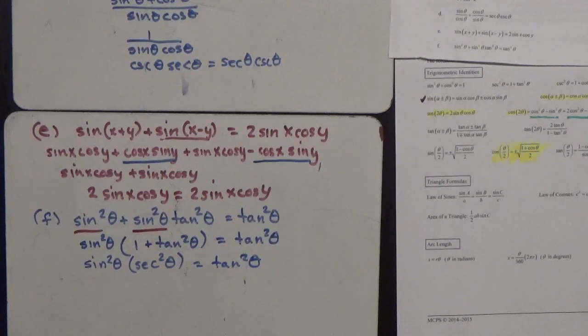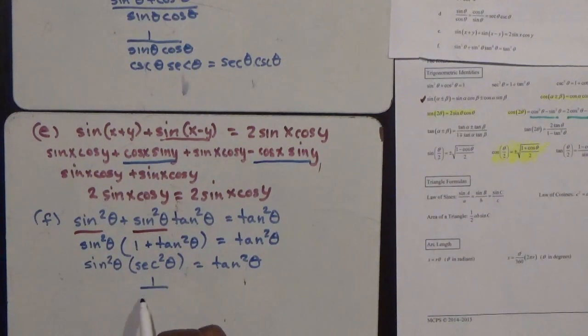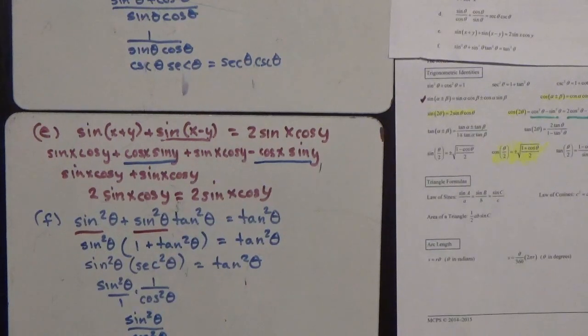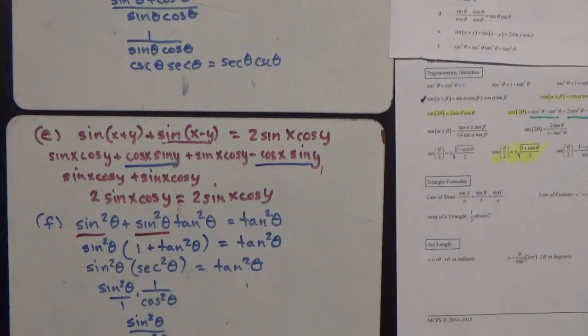What is secant but 1 over what? Cosine theta. I'm going to write that over 1. That leaves us with sine squared theta over cosine squared theta, which is equal to tangent squared theta. So it all worked out. All right, and we are done.